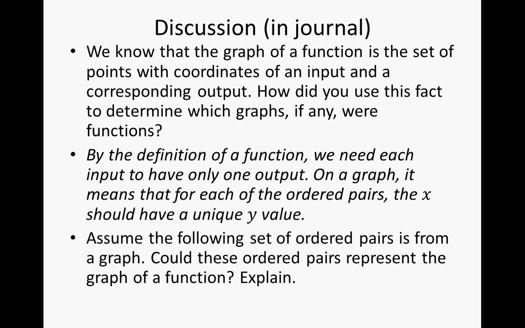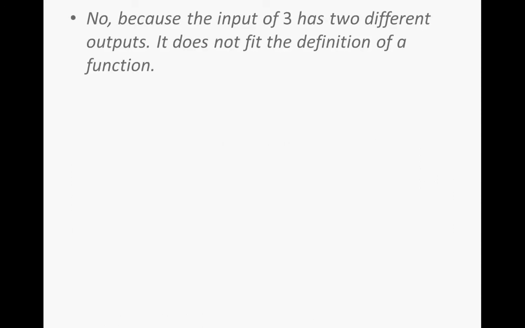Assume the following set of ordered pairs is from a graph. Could these ordered pairs represent the graph of a function? We have (3, 5), (4, 7), (3, 9), and (5, -2). You should have said no because the input of 3 has 2 different outputs. It does not fit the definition of a function.